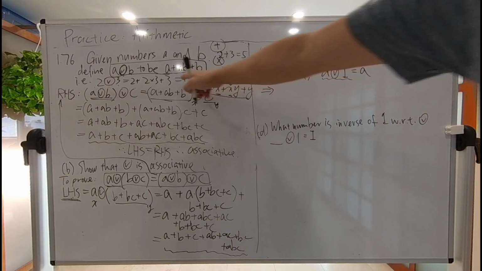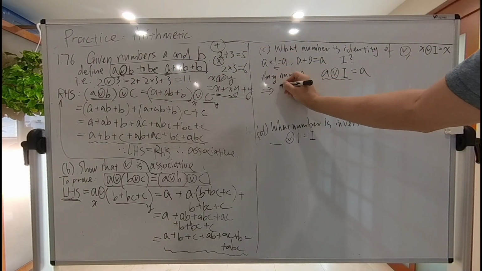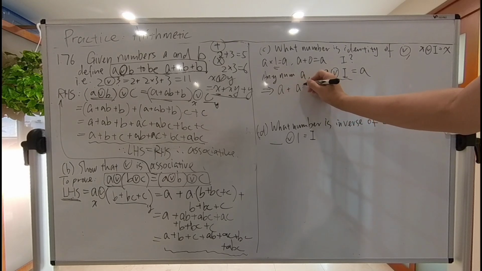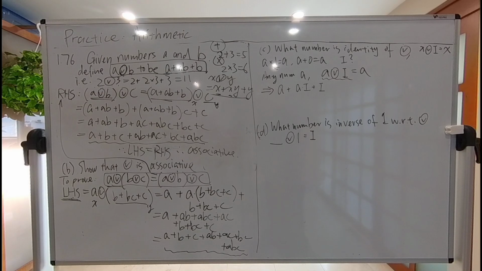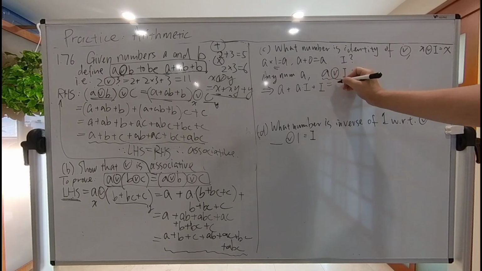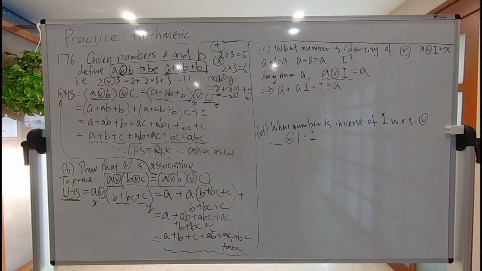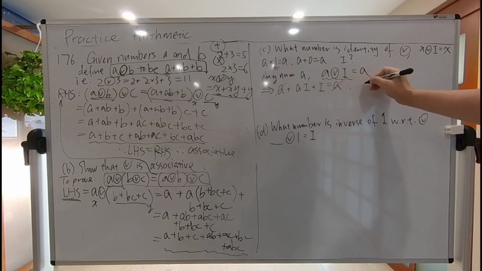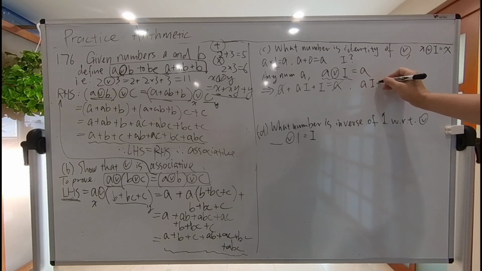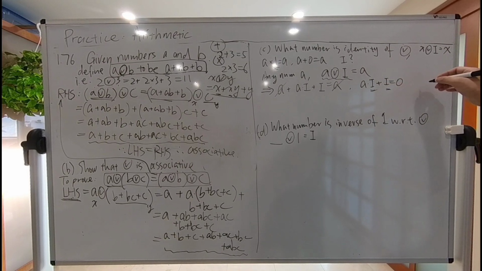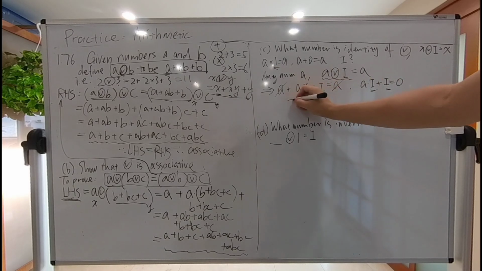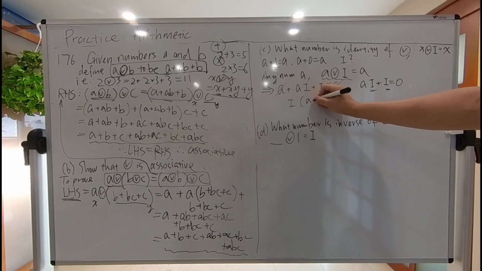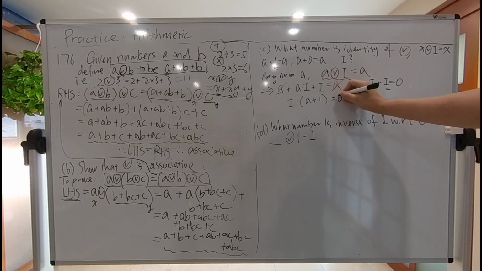A operating I, going back to the given formula, is equal to A plus A I plus I. And I want this to be equal to A. So I can first just cancel out these two terms. I get A times I plus I equal to 0. And if I factor out the common factor, I have I times A plus 1 equal to 0.